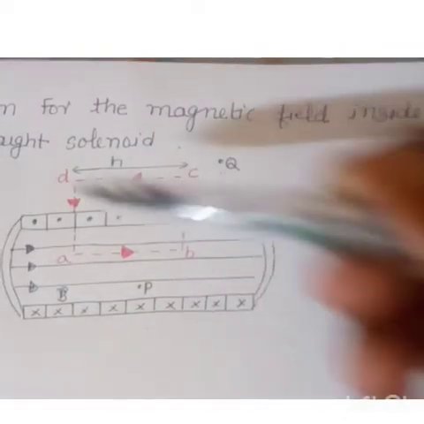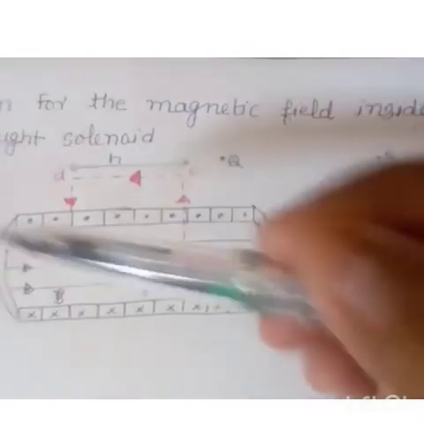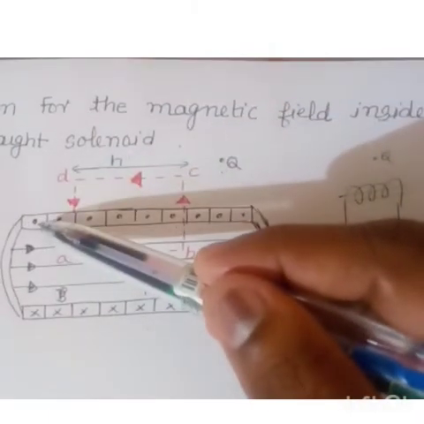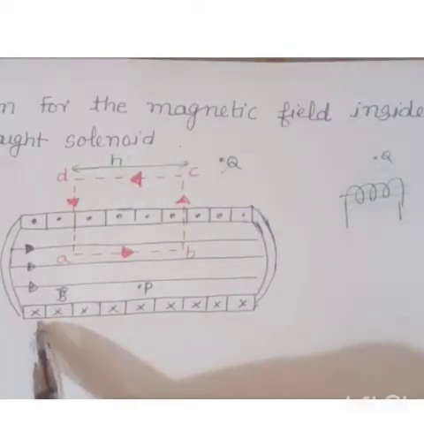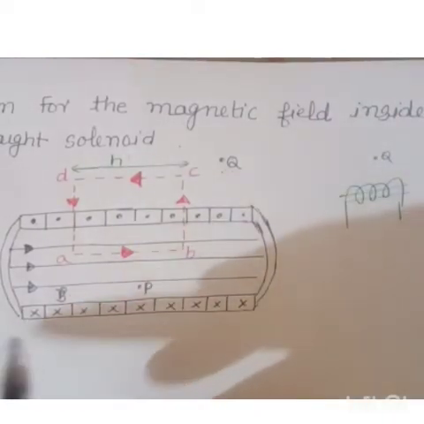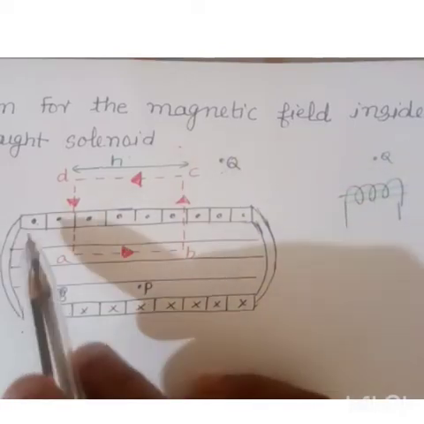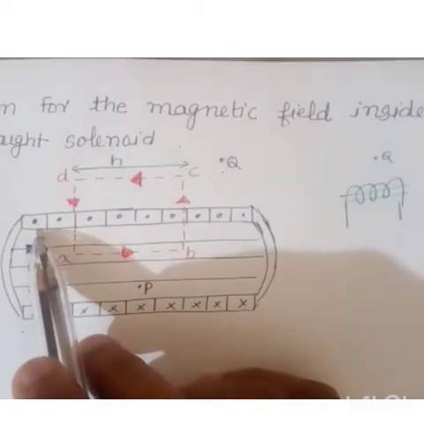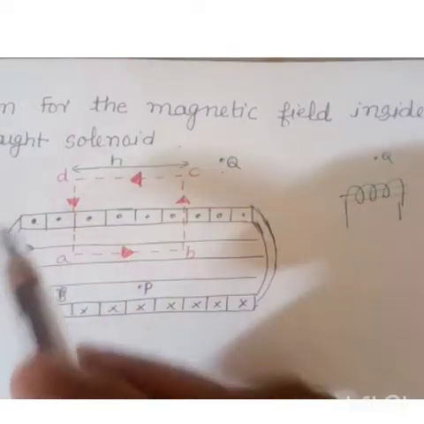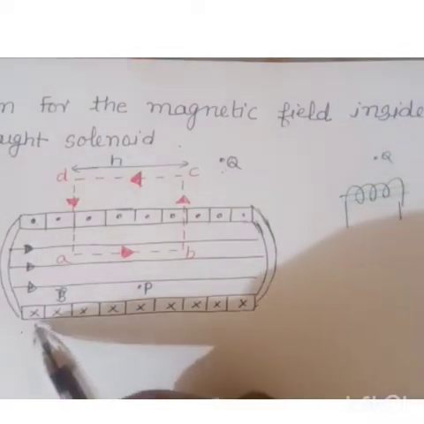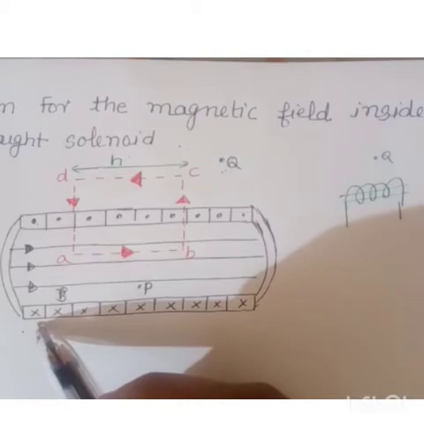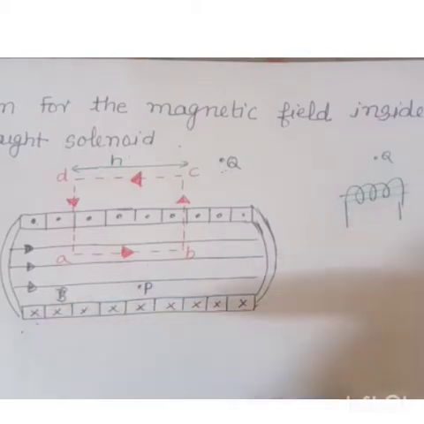So the dot means the current comes out of the plane of the paper, and cross means the current enters the plane of the paper.